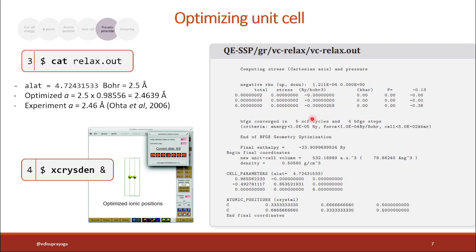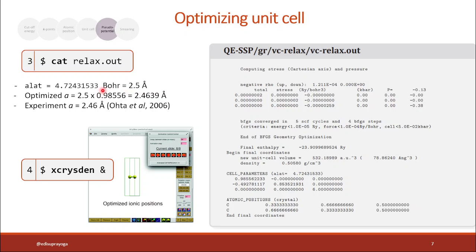The optimized lattice vectors are given in CELL_PARAMETERS in the block of final coordinates. Note that the lattice vectors are given explicitly in Bohr, along with a scaling factor alat of 4.7, which is converted from 2.5 angstrom.